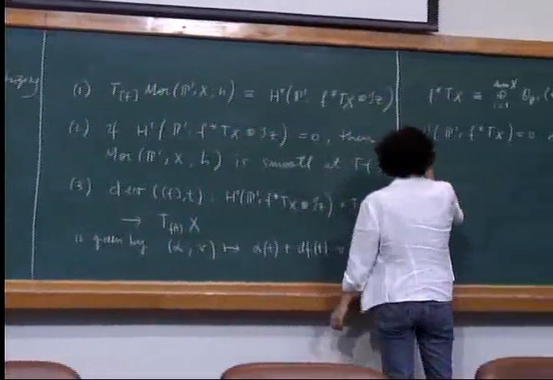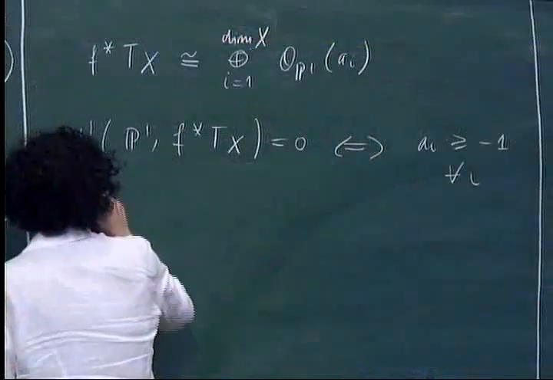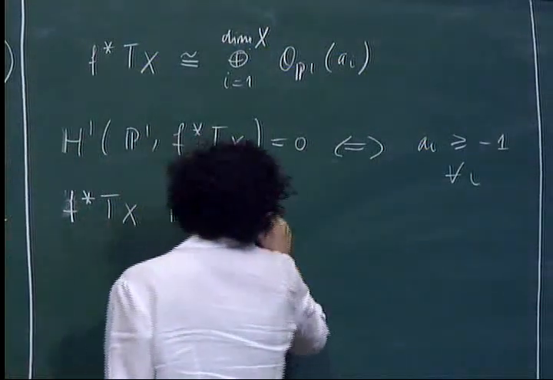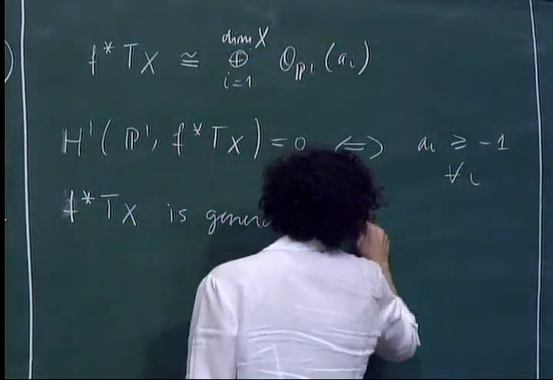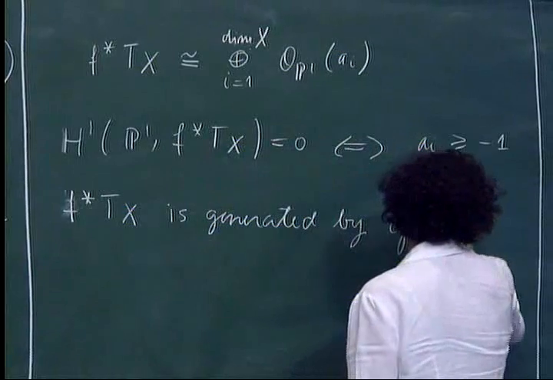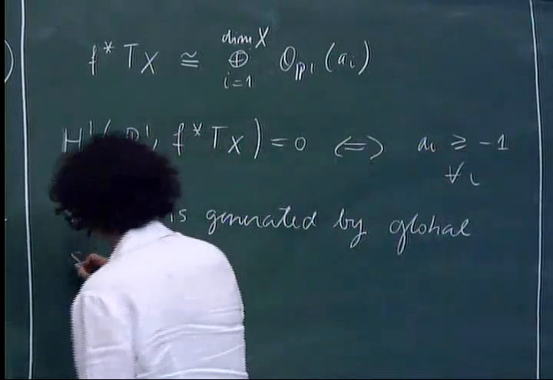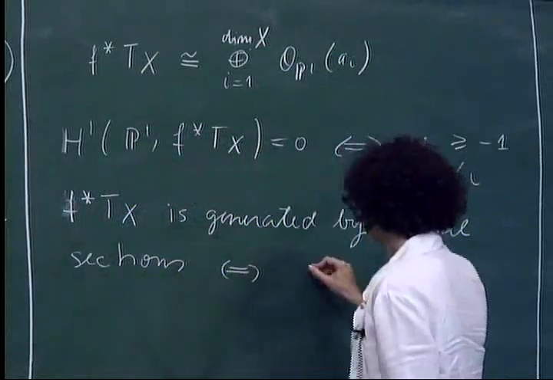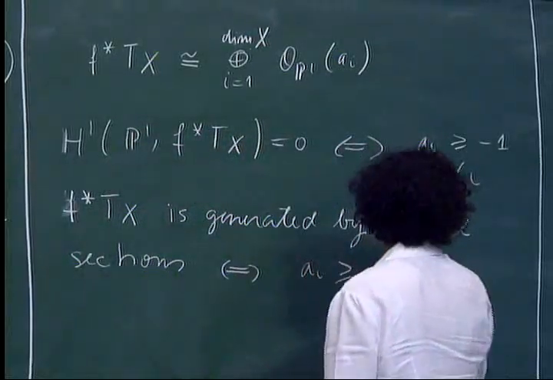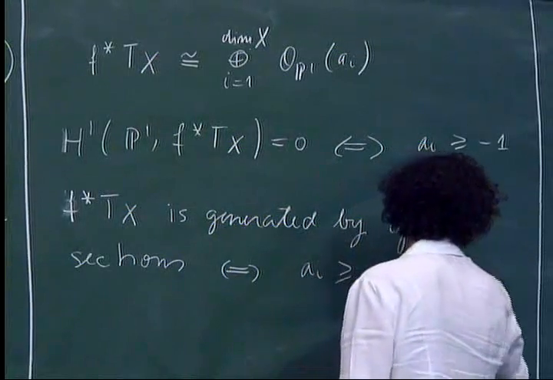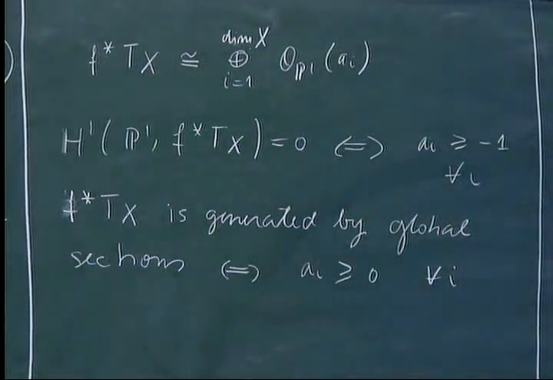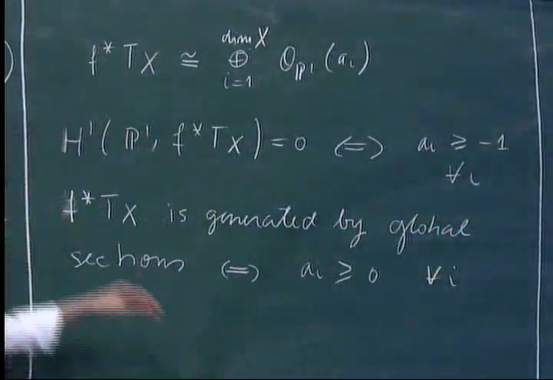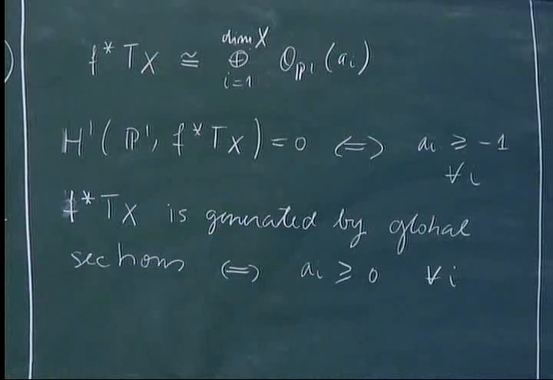For instance, we see that the pullback of the tangent bundle is generated by global sections if and only if all the a_i are greater or equal than 0. And notice that that is equivalent to saying that this sheaf is generated at a single point.